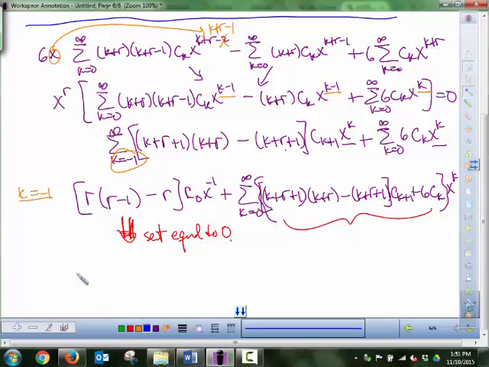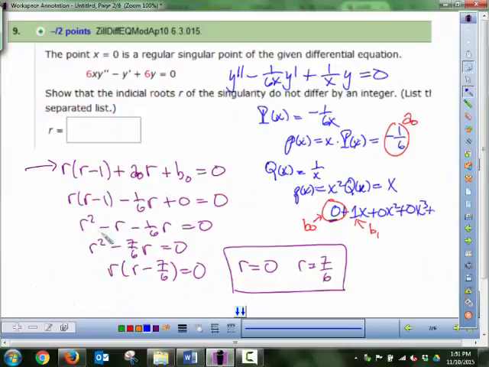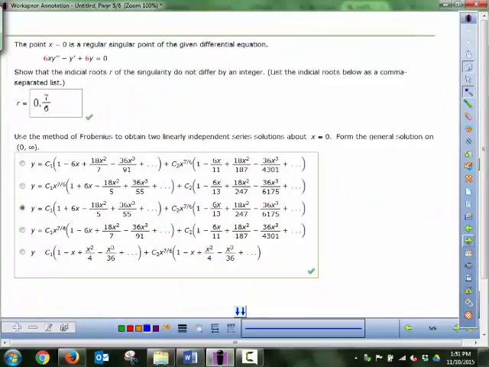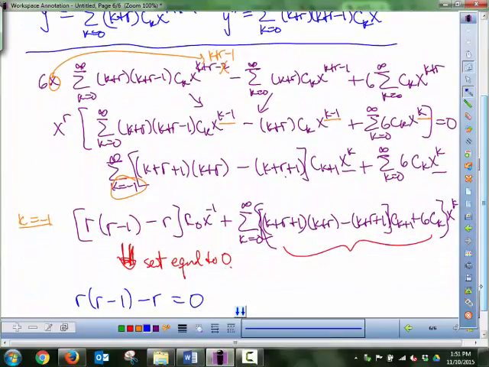Guess what this is? Let's take a look. Oh, there's supposed to be a 1/6 in there. I was going to say, that's exactly the indicial equation. Oh, I missed the 6? Where did I miss the 6? The x is right here. Ah, thank you.